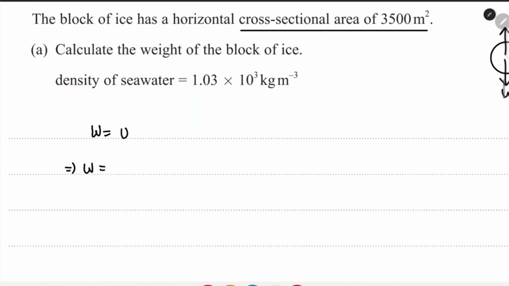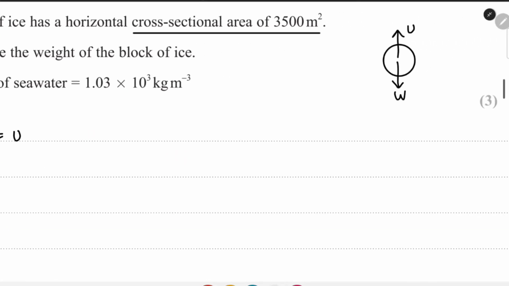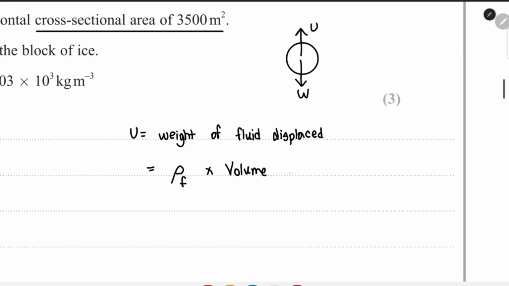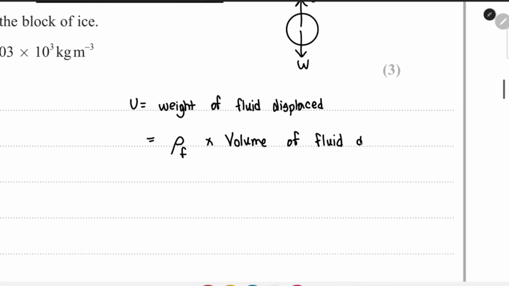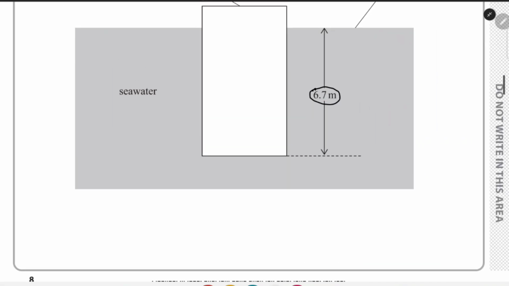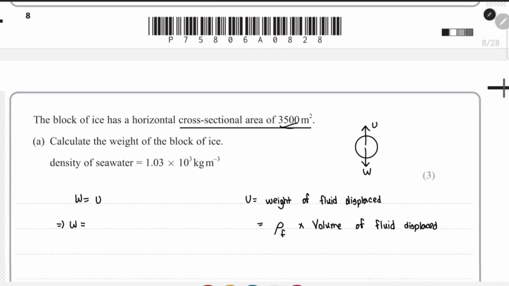So weight is equal to, we need the formula for upthrust. Upthrust is basically the weight of fluid displaced. It can be found more easily by the density of the fluid multiplied by the volume of fluid displaced. In this case, it will be the volume of ice that's underwater. Since we know how much of the ice is underwater, we know the length and we know the area.